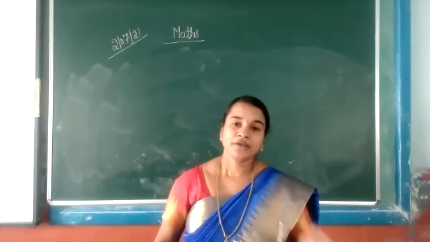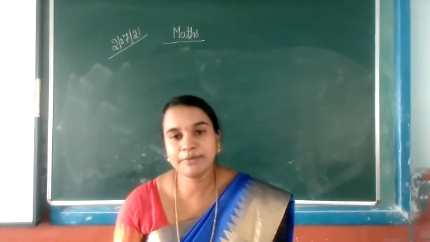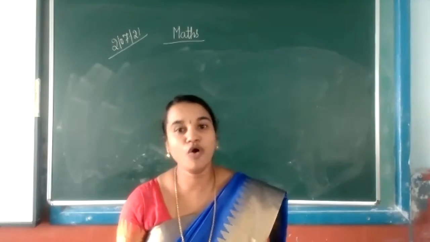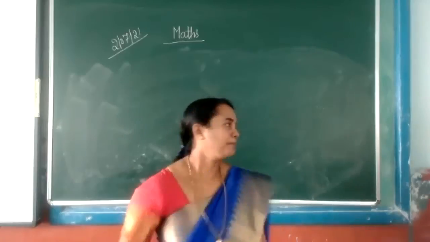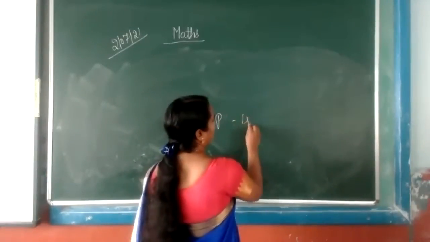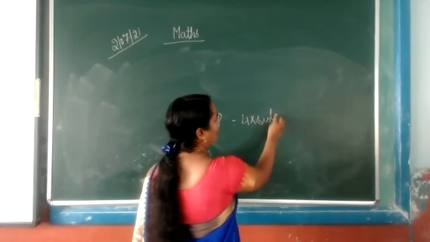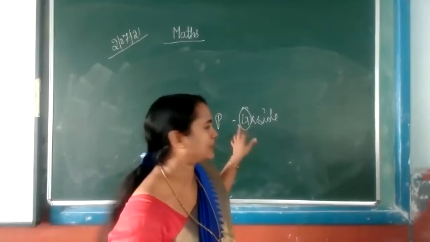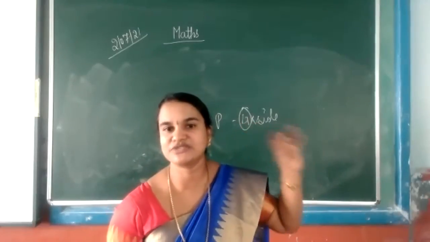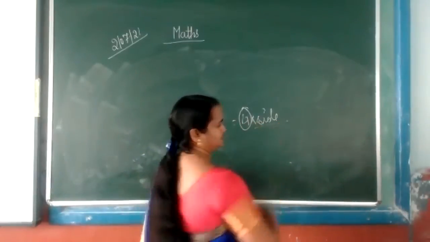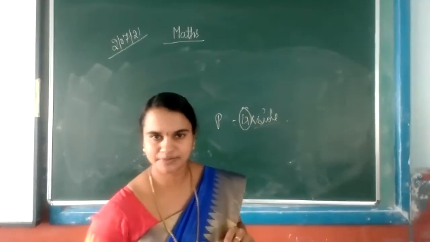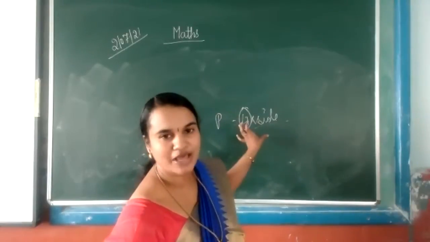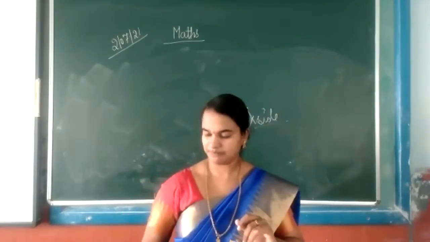For example, the formula to find the perimeter of a square: 4 into side. Here 4 is a constant because it never changes. The value is fixed. But the side will change. So here 4 is the fixed value and the side is the variable.